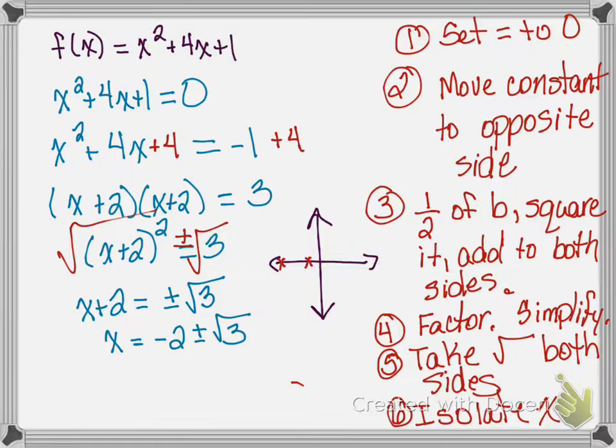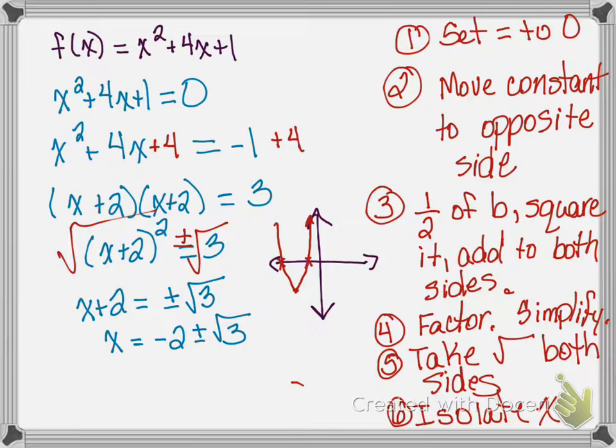That's what we found. And then we kind of accidentally also found what? The vertex. So our vertex was negative 2, negative 3. So our vertex is right here.